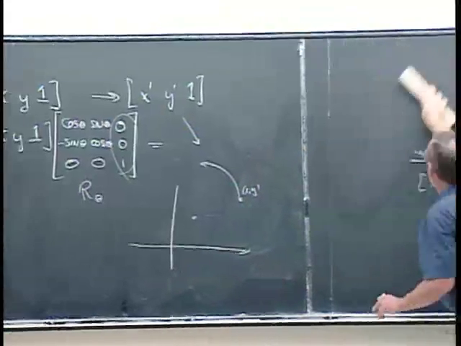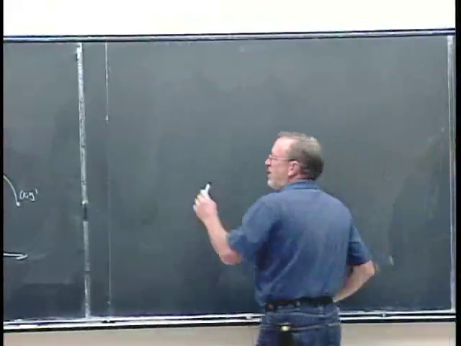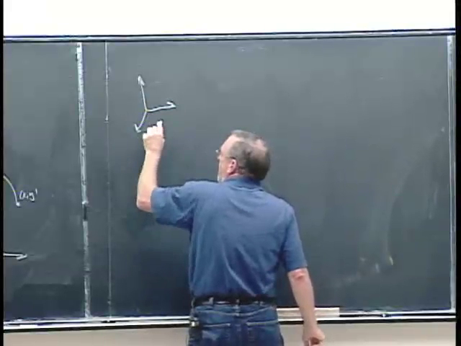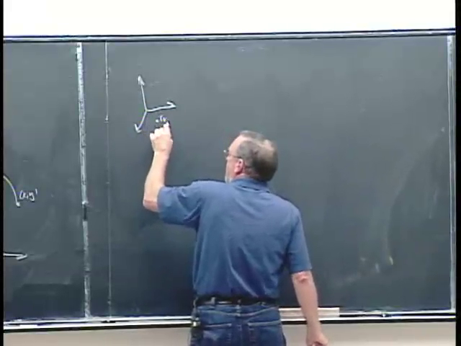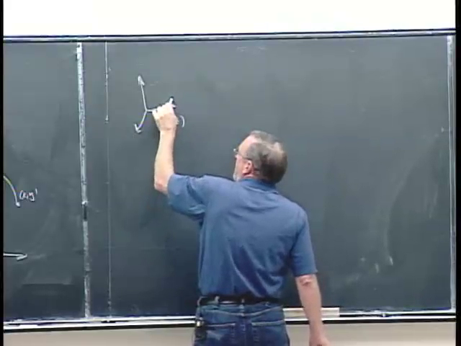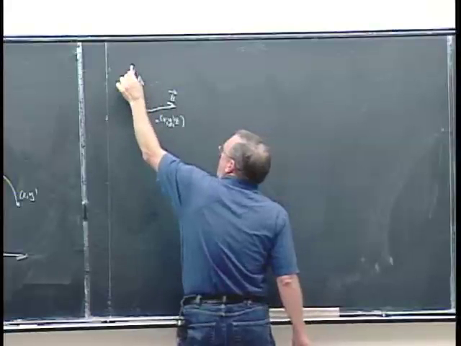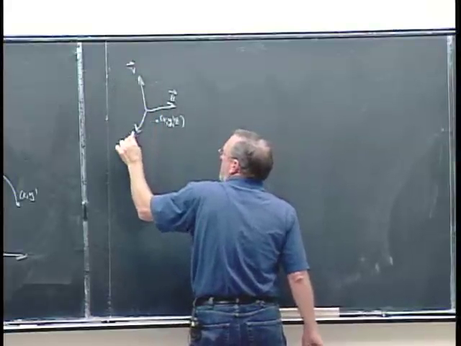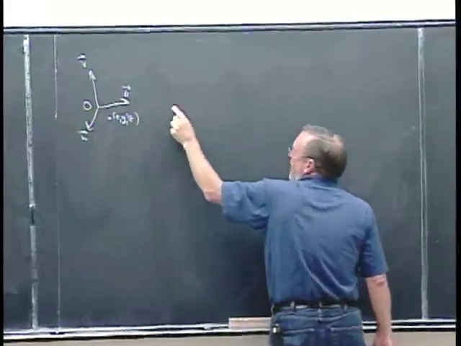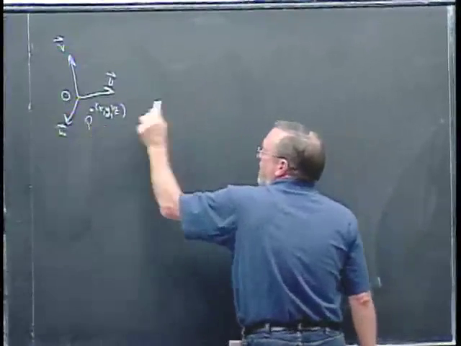So let me do the easy part of 3D. When you do 3D, you have an X, Y, and a Z, usually a U, a V, and a W, and an origin. I can just do my previous blackboard stuff, taking a point P here.